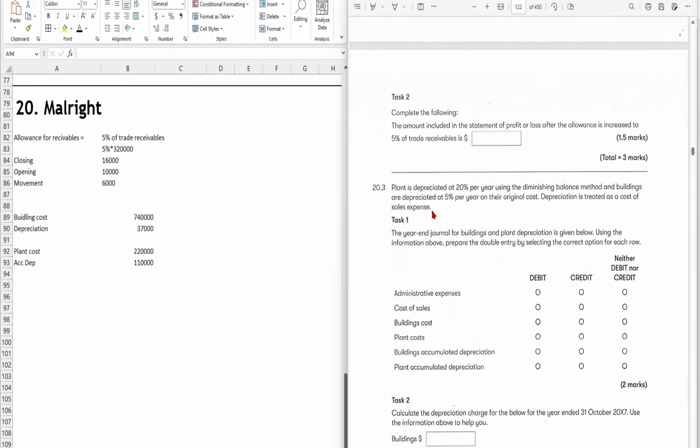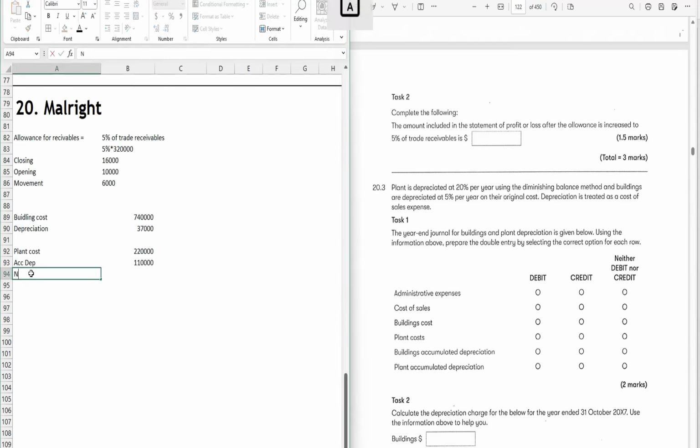Because the question mentioned that the plant is depreciated at 20% per year using the diminishing balance method, right? So diminishing balance method means we need to find the net book value. And how can we get that? By subtracting these two, meaning cost and accumulated depreciation. Now we will charge depreciation on this net book value. And what is the depreciation rate? It's 20%. Okay, and that is 22,000.